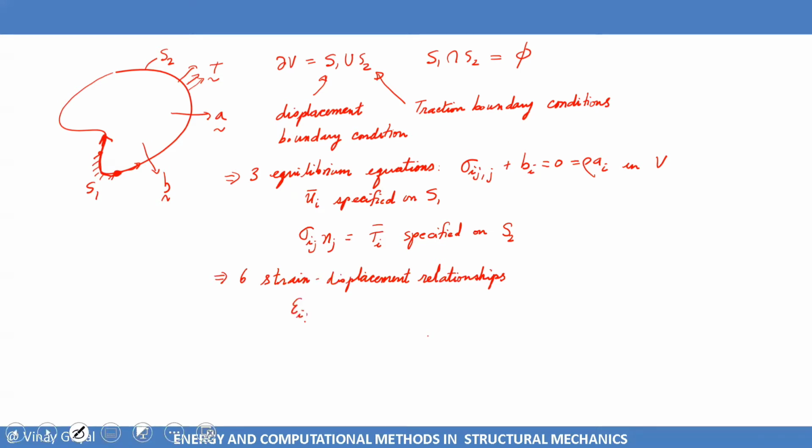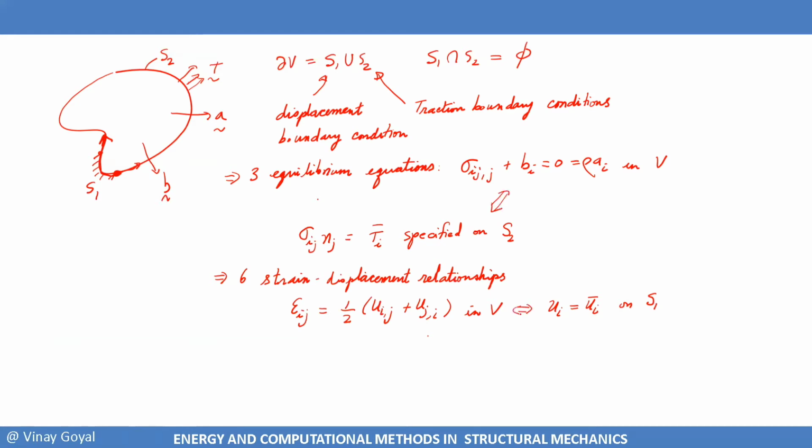Just keep it simple: epsilon ij equals 1/2 ui comma j plus uj comma i in V. And I should have written this deflection specification here because it's related to the kinematics on the surface S1. This is related to the equilibrium equation, so that's why I put it there. These deflections are related to the strain, so I'll keep it there.